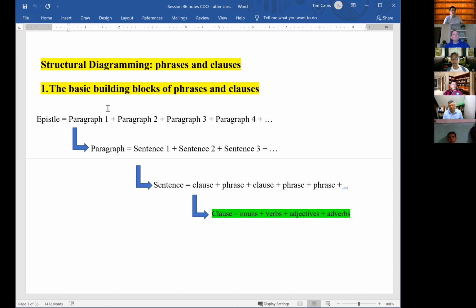Then we can take each sentence and break it down into its pieces, which we've called phrases and clauses. And we can go one more step, even more basic and fundamental, by looking at each phrase or clause. Those can be broken down into essentially four types of words: nouns, verbs, adjectives, and adverbs.